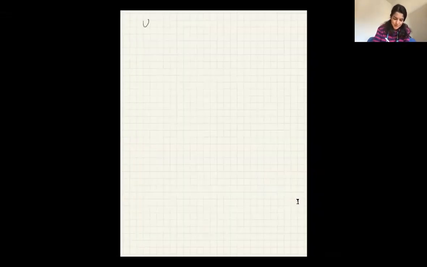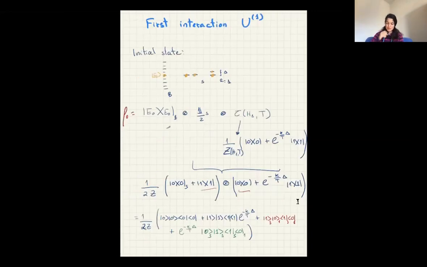So when we act with U1 on rho 0, U dagger, what happens? Well, we're going to do it extensively for this one, and then we'll see for the other one.